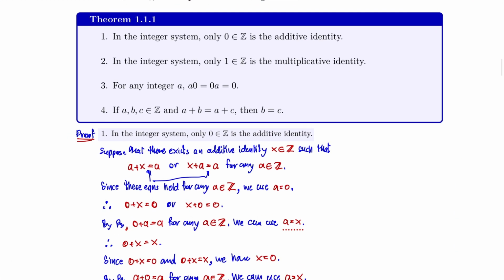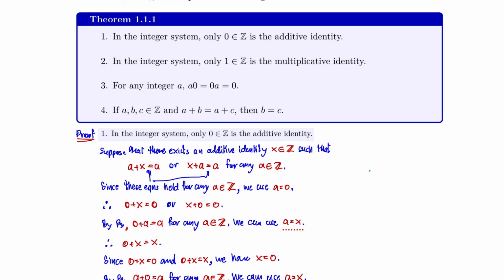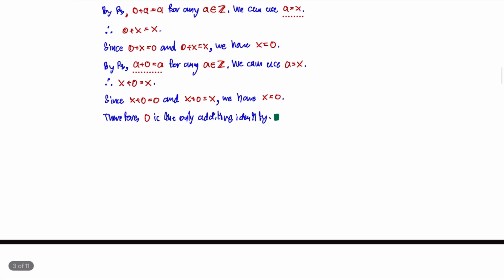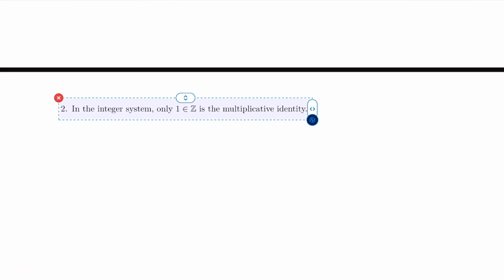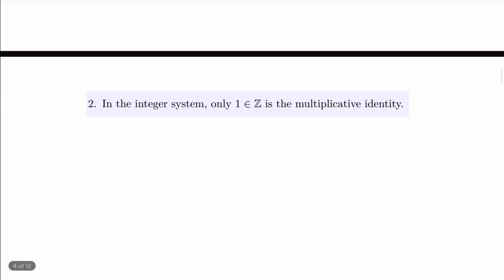Now what about number 2? Let's prove number 2. For number 2, it's going to be the same as the first one, but we will take a look at the multiplicative identity.